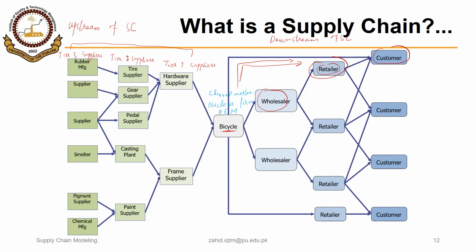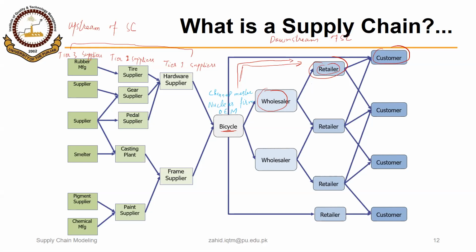And you could ask yourself why this bicycle manufacturer is not delivering the product to the customer directly, why it is using wholesalers and retailers. The answer is quite practical, but you can think over it. What could be the possible reasons for an organization not directly supplying to the customer in every case?